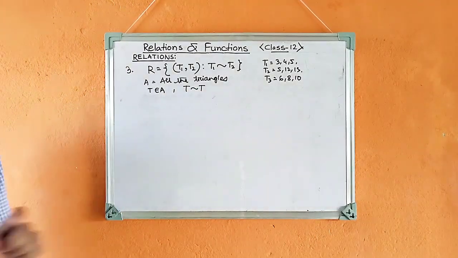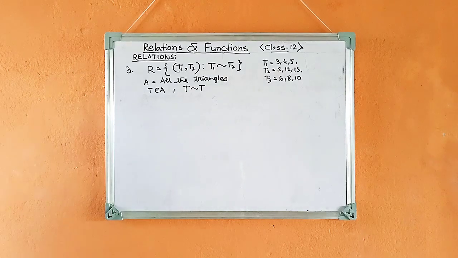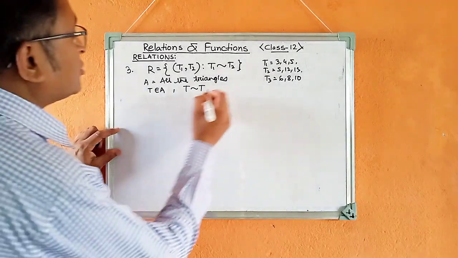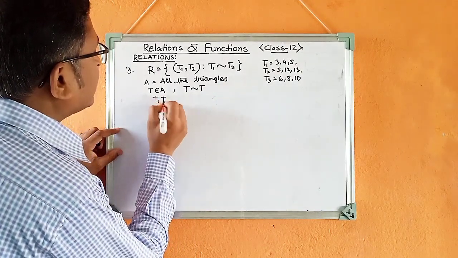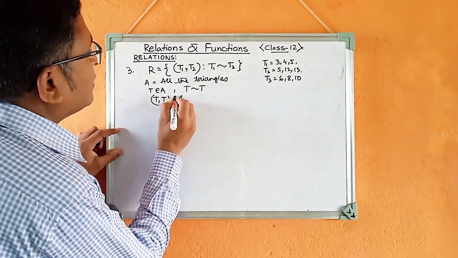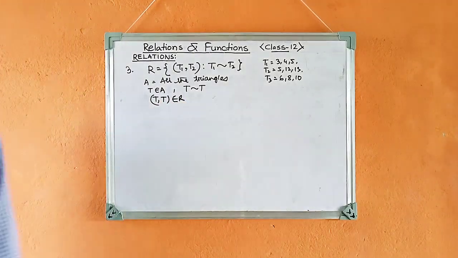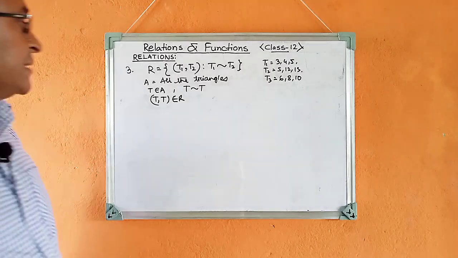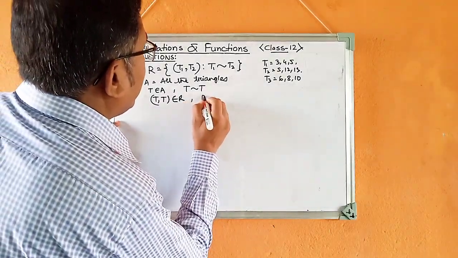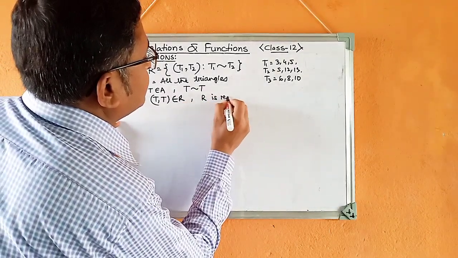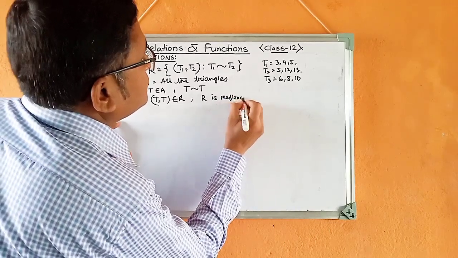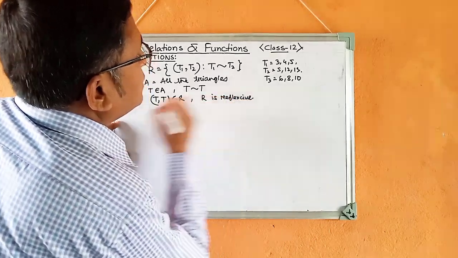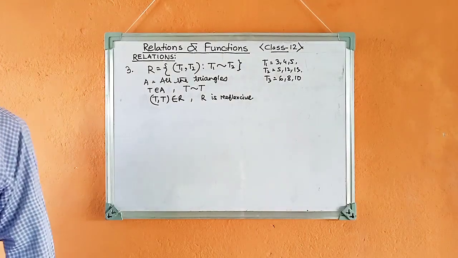So we can write that T comma T belongs to R. So R is reflexive.